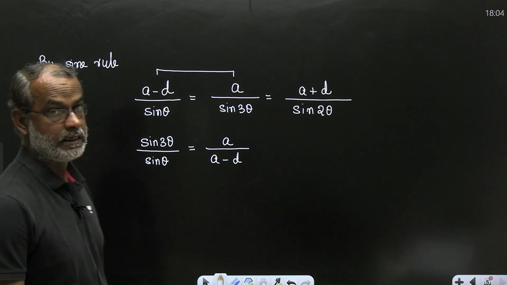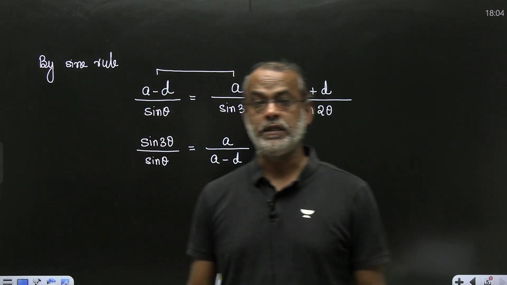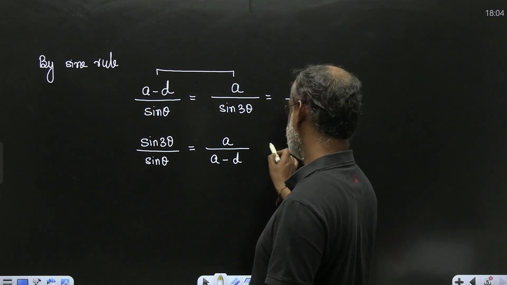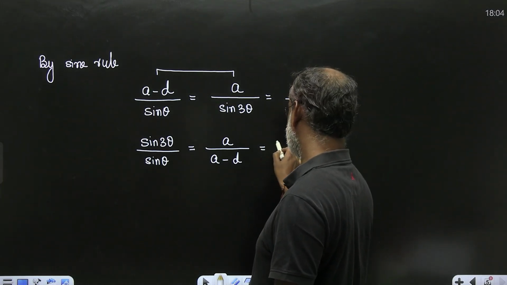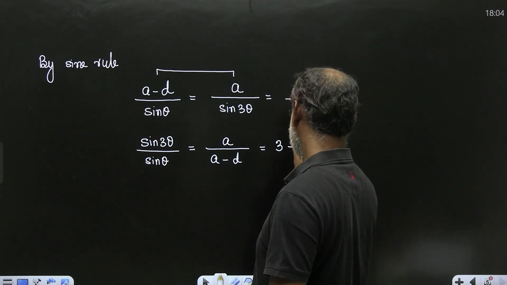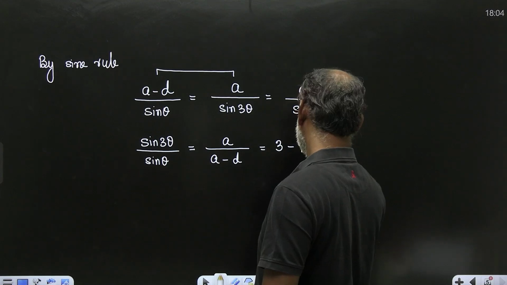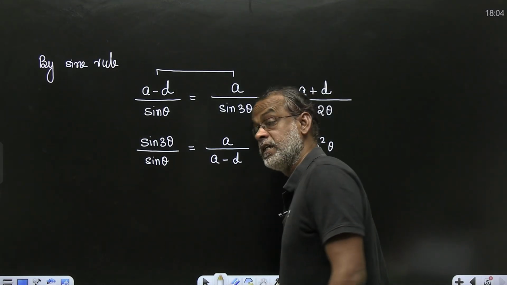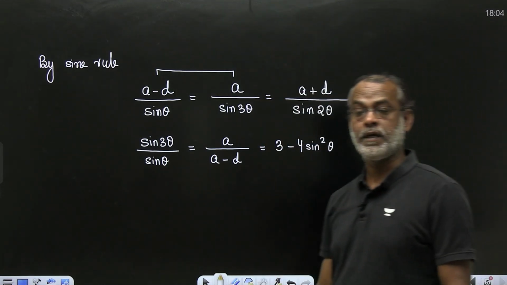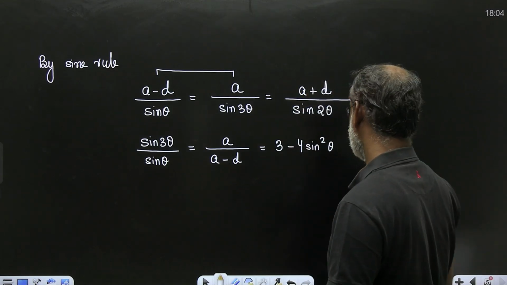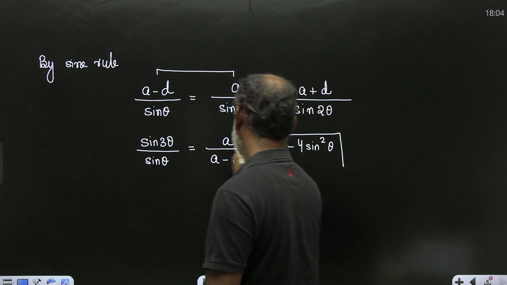What is sine 3 theta? 3 sine theta minus 4 sine cube theta. So this is one thing that you get.